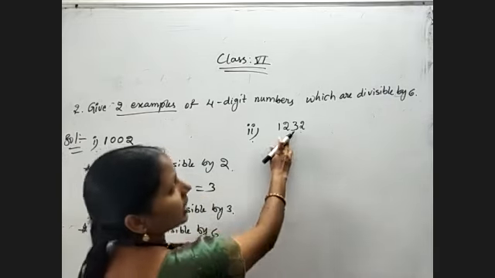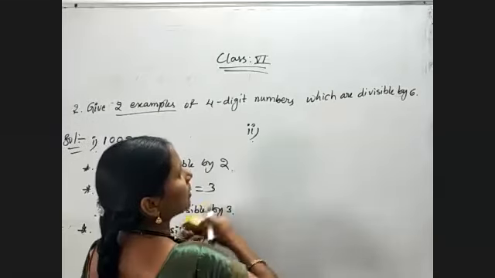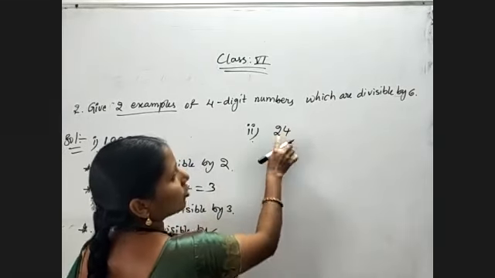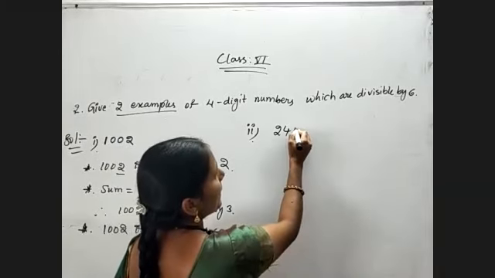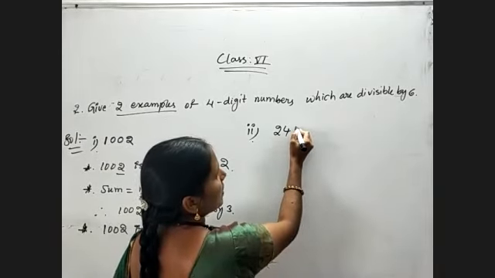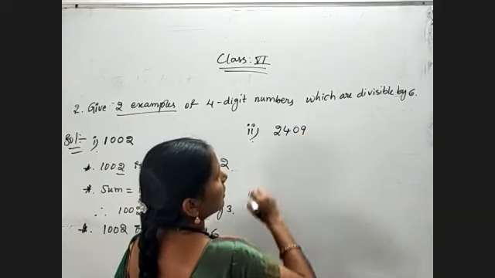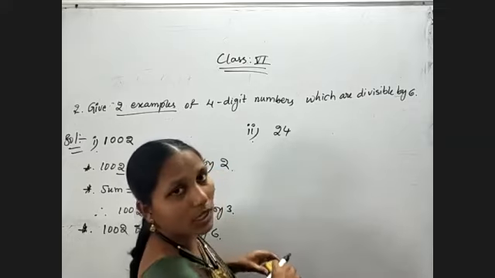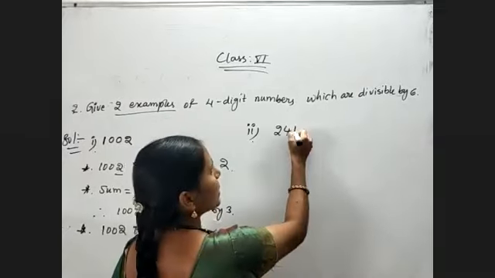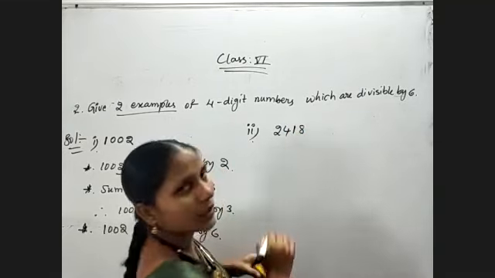Okay, 1 plus 2, 3, 3 plus 3, 6, 6 plus 2, 8 we will get. I am taking 2, 4, 2 plus 4, 6. 6 plus 9, 15 I'll get, but 15, 9 we will not get in 2 tables. 6 plus 1, 7, 7 plus 8, 15.